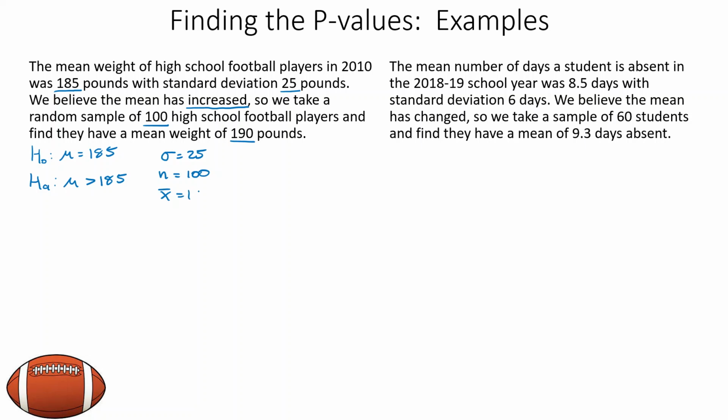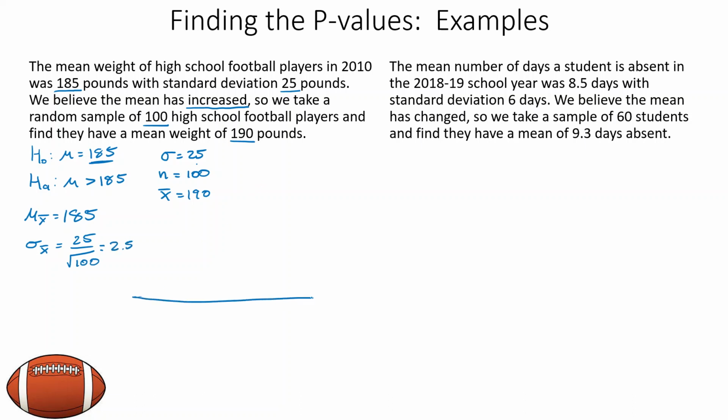Our sample mean is 190. All right, so now we need the mean and the standard deviation of our sampling distribution. So mu sub x bar is, well, it's the null hypothesis, 185. Sigma sub x bar is our standard deviation, 25, divided by the square root of our sample size. So that's going to give us, I believe, 2.5.